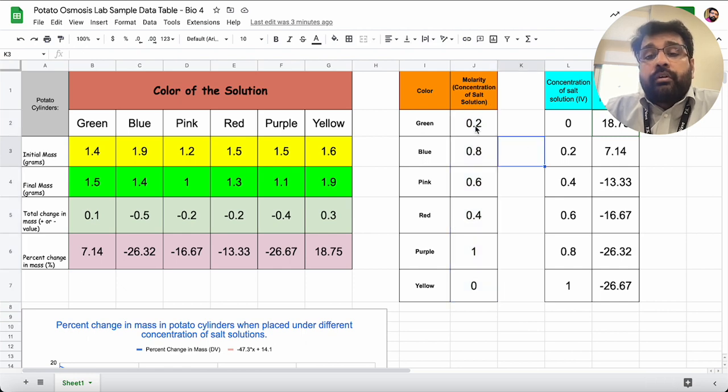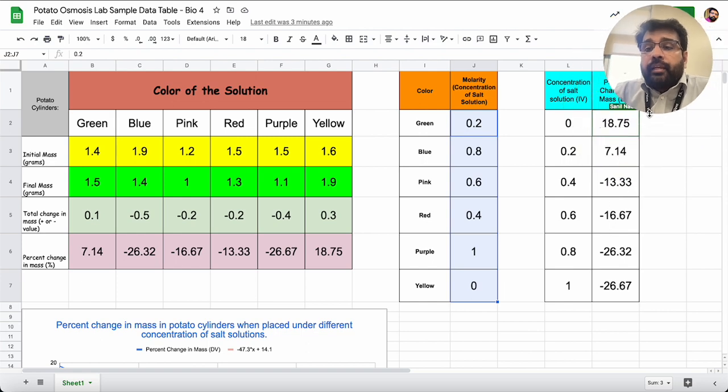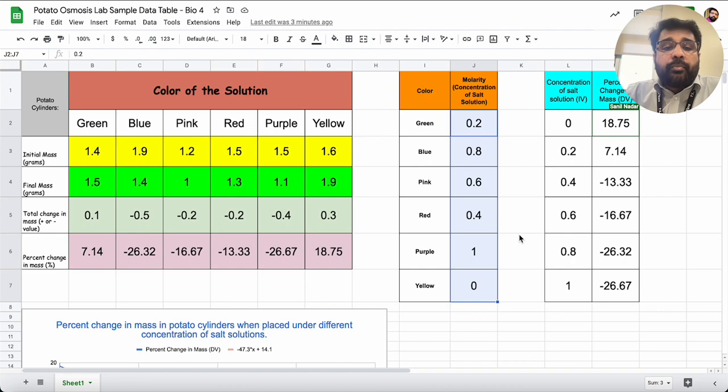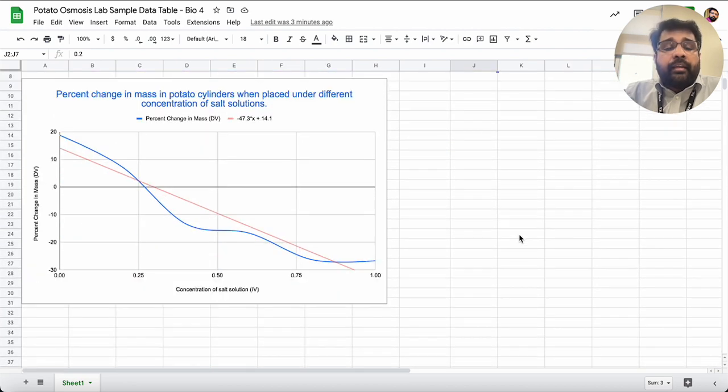How did you come to a conclusion that purple is 1 molar and yellow is 0 molar? So how did you do that? That's what you're going to explain. And same thing here. How did you arrange these numbers in this order here? So you're going to explain that in analysis.